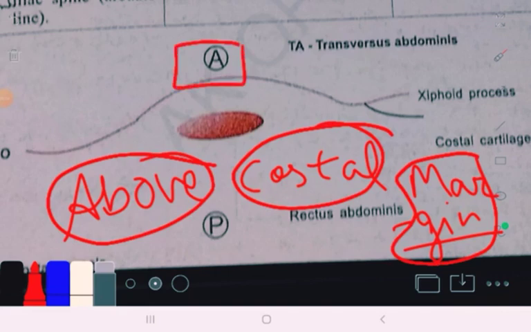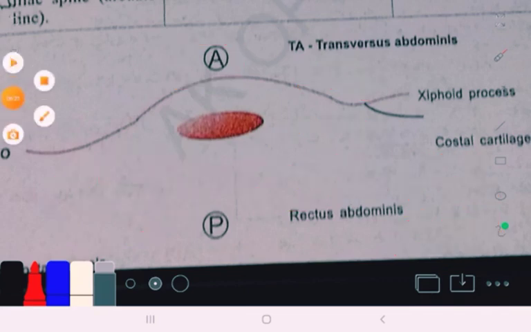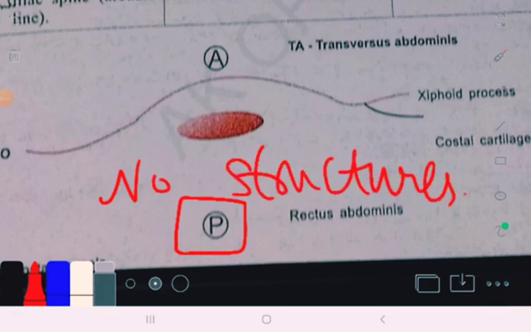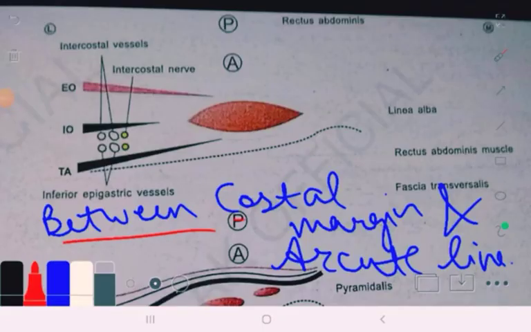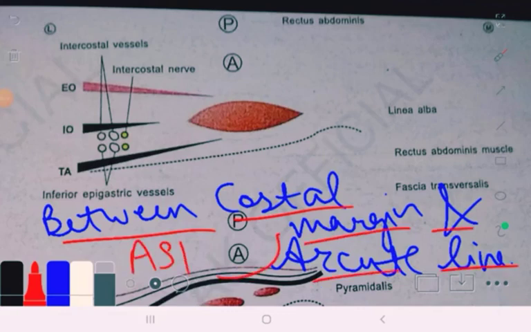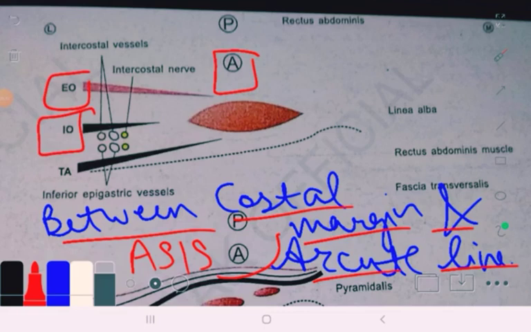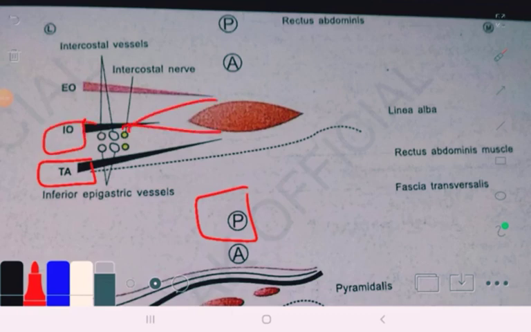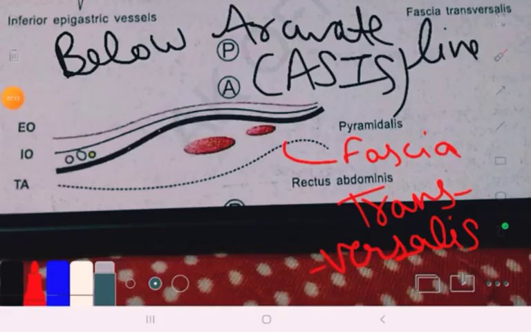Above the costal margin, anteriorly there is external oblique, and posteriorly no structure. Between the costal margin and the arcuate line, or the anterior superior iliac spine, anteriorly there is external oblique and internal oblique, and posteriorly there is transverse abdominis and internal oblique, the posterior lamina of internal oblique.